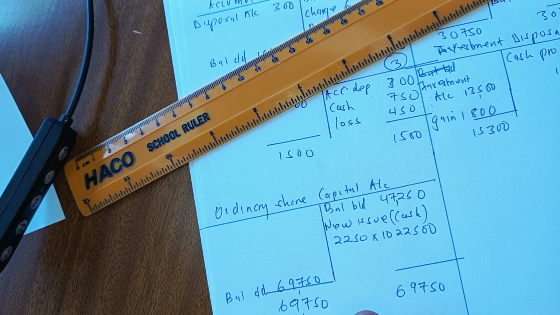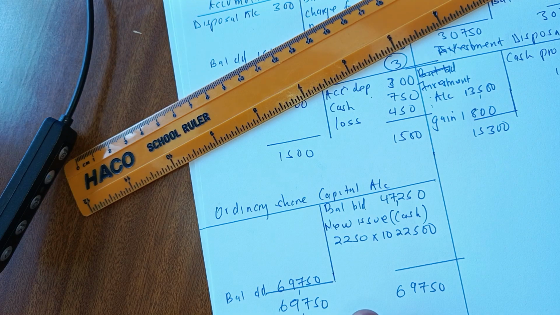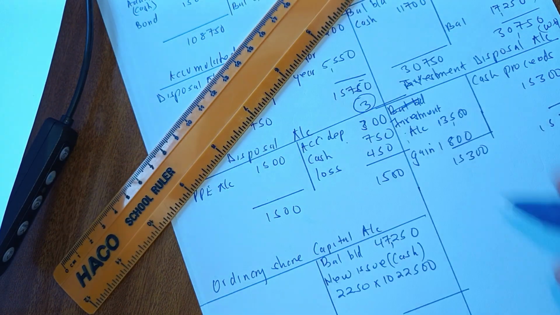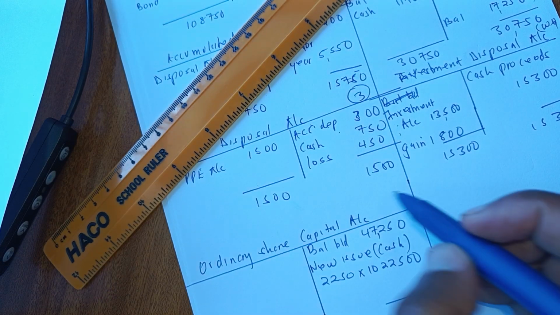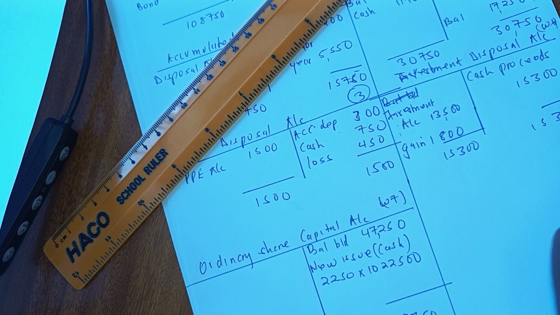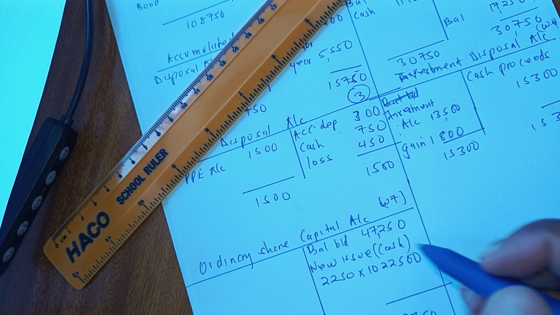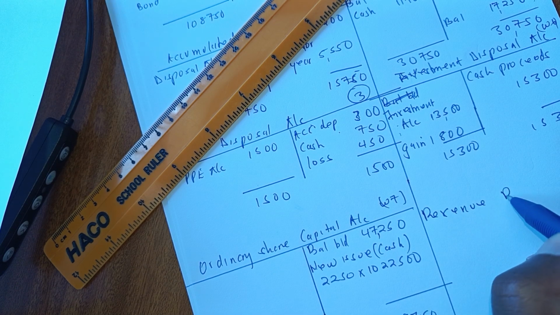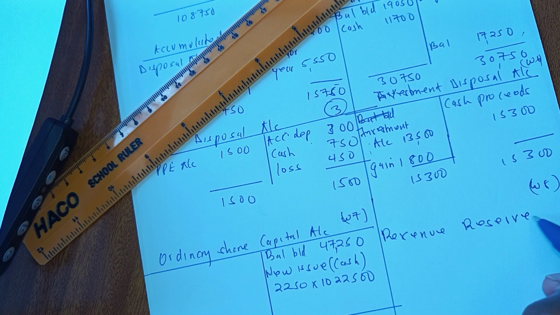In ordinary dividends, we can run the revenue reserve account. If this is our working 6, working 7, working 8, we do the revenue reserve account.